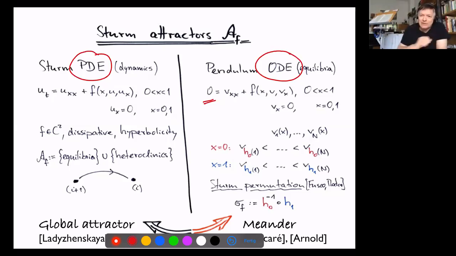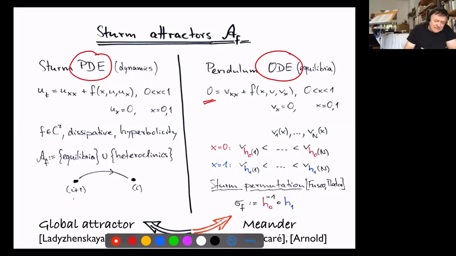It allows backwards time extensions and so on. But we want to know which critical points of the functional, which equilibria, are connected to each other, because the attractor consists of equilibria and heteroclinic orbits connecting the equilibria one to the other.